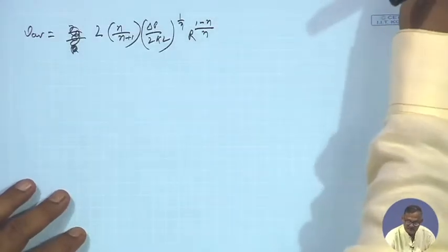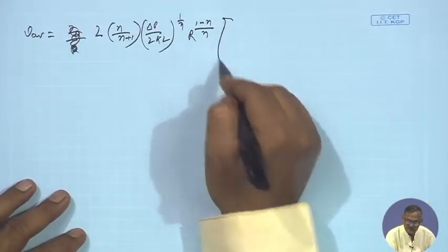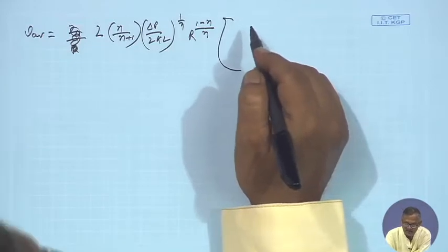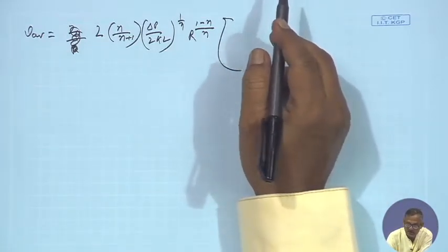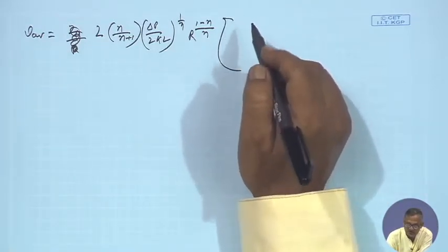So, it is r dr with a boundary of 0 to r.